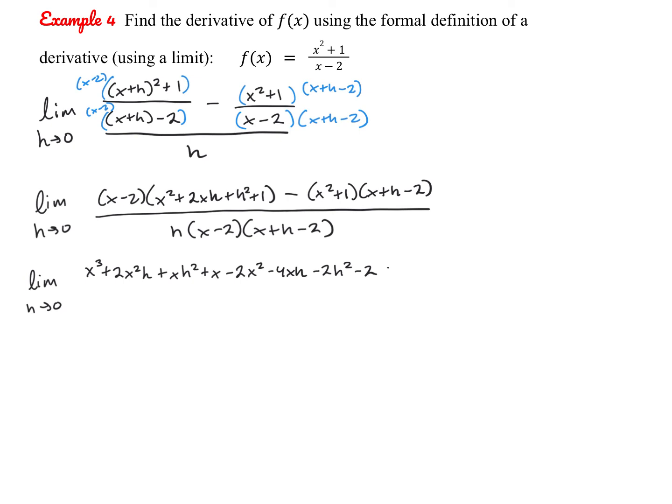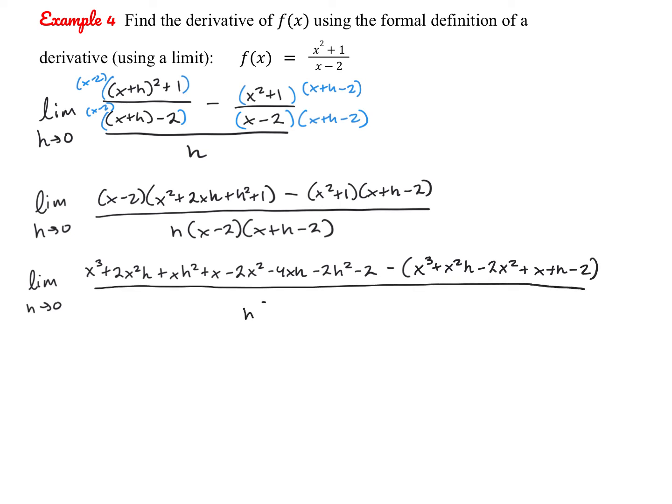So again, just stick with it for a couple steps. So here I'm going to subtract and then I'm going to group whatever is the product. So x cubed plus x squared h minus 2x squared plus x plus h minus 2. And then all of this is over h times (x minus 2) times (x plus h minus 2).